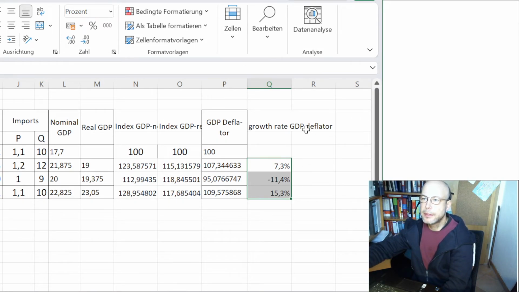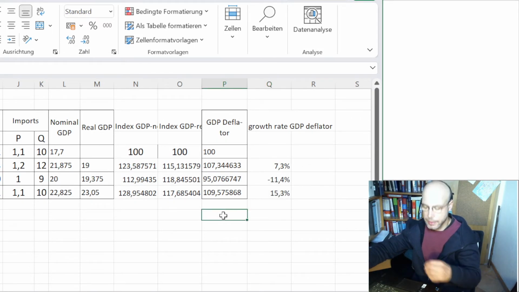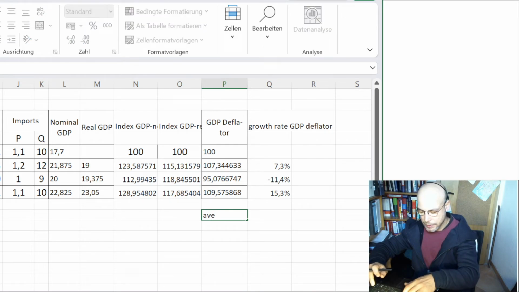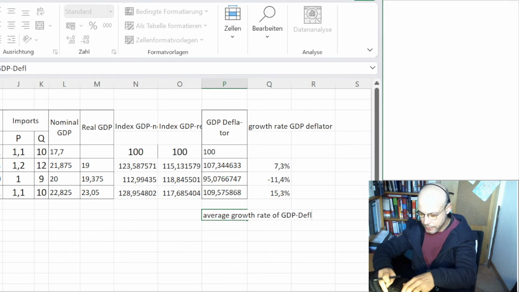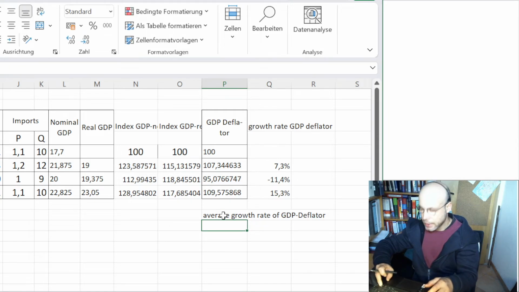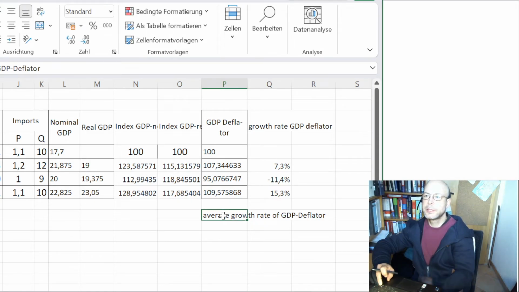And in the end, we want to calculate the average growth rate of GDP deflator. And for this, of course, since we have growth rates, which kind of mean do we have to use when we are averaging growth rates?